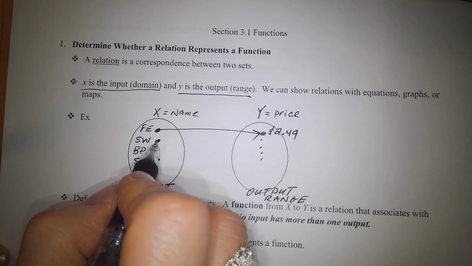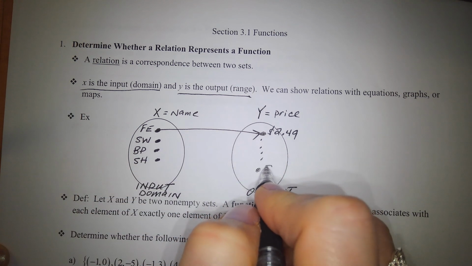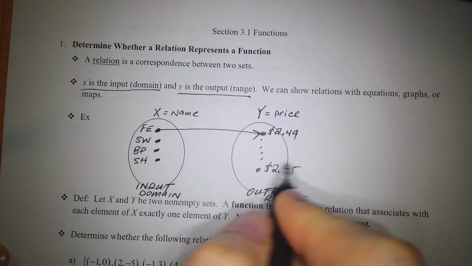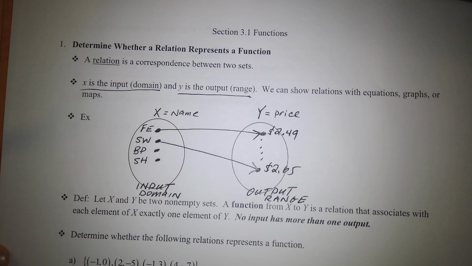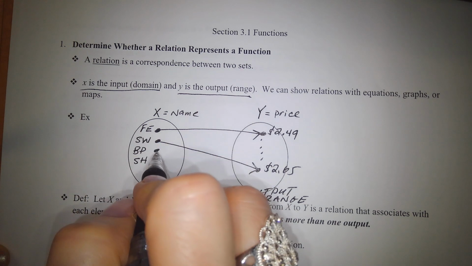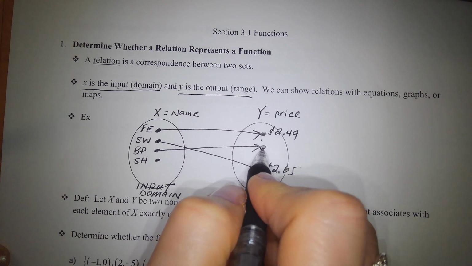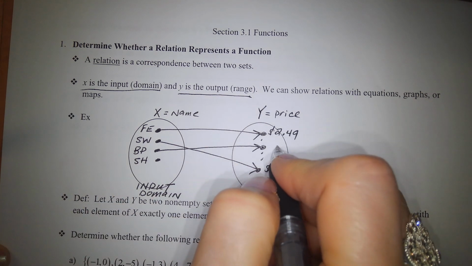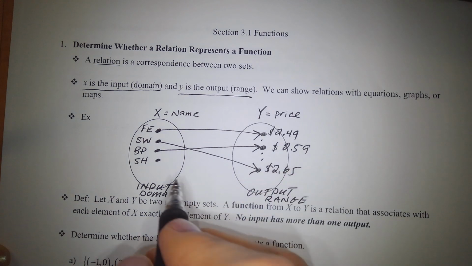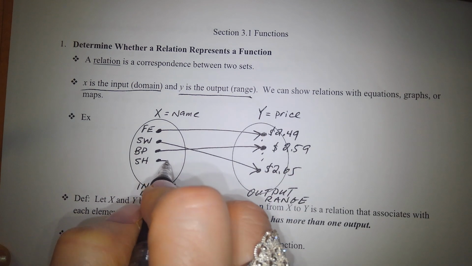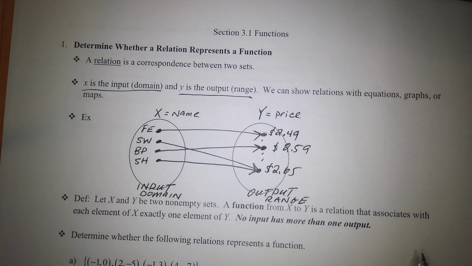Let's say Speedway, the cost of gas is $2.65. BP, the cost of gas, is $2.59. And Shell, the cost of gas, was also $2.65.